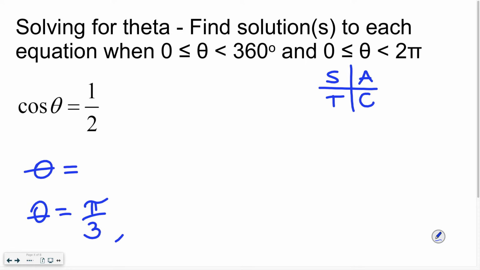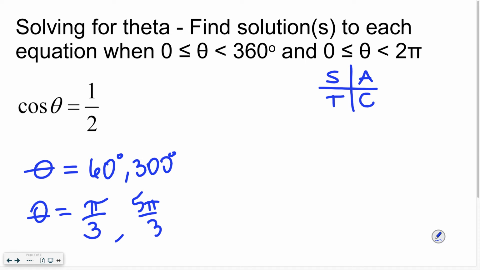So when we look at the fourth quadrant, which angle has a cosine, or an x, of 1/2? 5 pi over 3. Okay. An angle in that same bow tie, right? They should be similar angles. They have the same reference angle. Okay. In degrees, this would be 60 and 300.